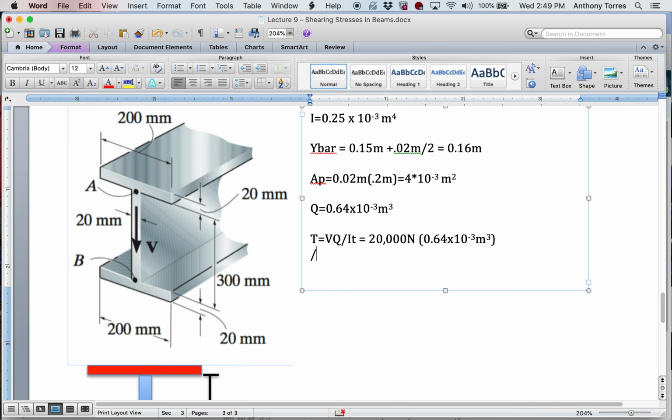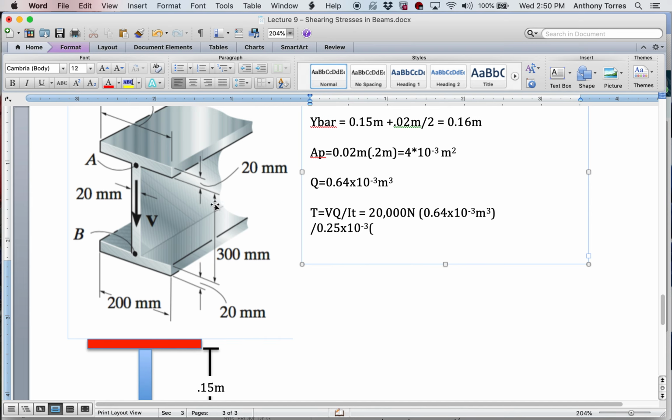All that divided by I, which we just calculated, or I gave you actually, of 0.25 times 10 to the negative third. All of that by the thickness of 0.02, which is the thickness of this web right here, 0.02 meters.